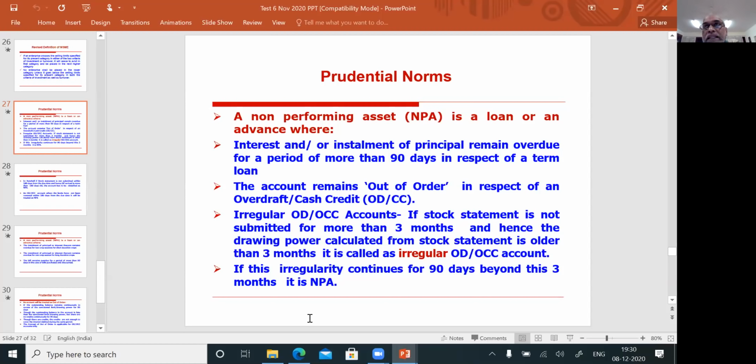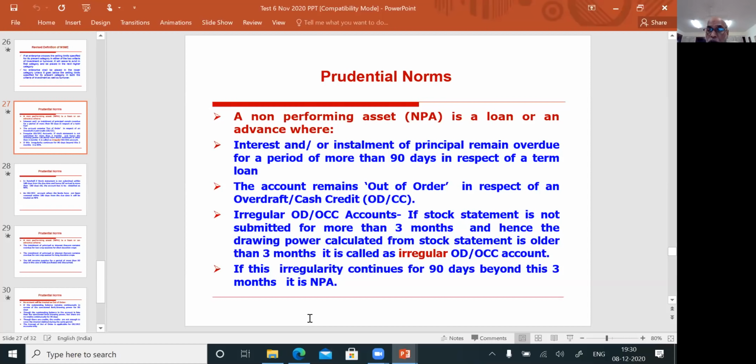Certain types of agricultural loans, mainly for agriculture allied activity which is not related to crop cultivation, also fit in here. So when a term loan, either interest or installment or both, is not paid for more than 90 days, it is called NPA. Very simple.